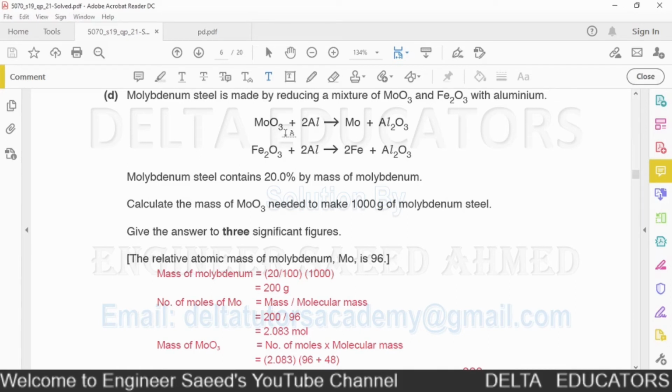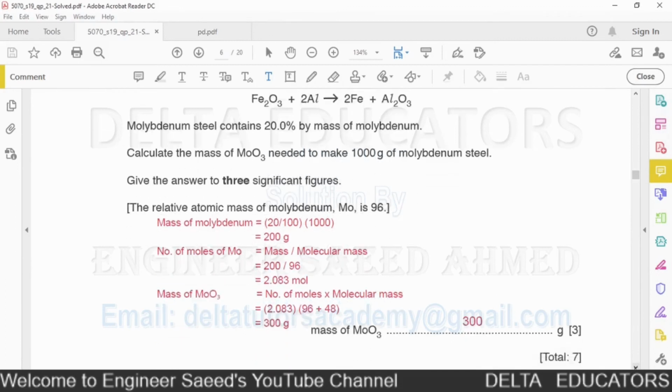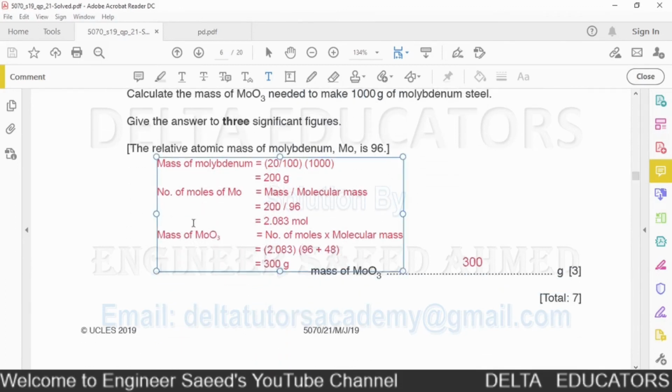Now with the help of this number of moles of molybdenum oxide, we can calculate the mass of molybdenum oxide by using the formula: mass of molybdenum oxide is equal to number of moles multiplied by molecular mass. Number of moles is 2.083.